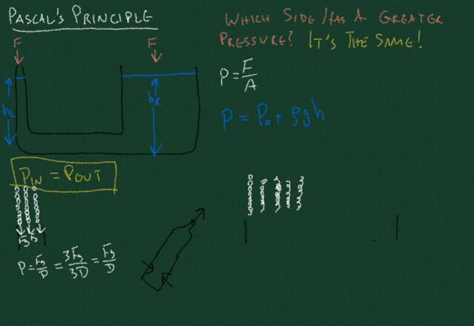Because if they have the same pressure, P0 is just the initial pressure that's above them, and in both cases it's going to be atmospheric pressure. So the water, or whatever fluid it is, is the same. It's the same fluid, so it's going to have the same density. And so the only variable left is the height, and so it means that the height must be the same.